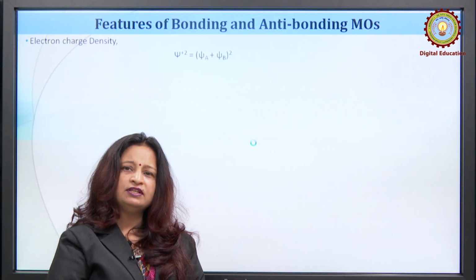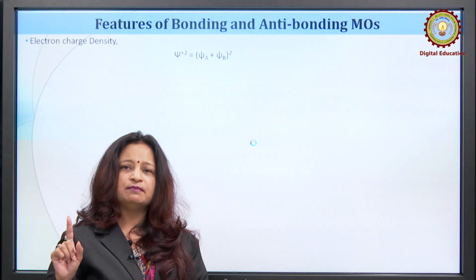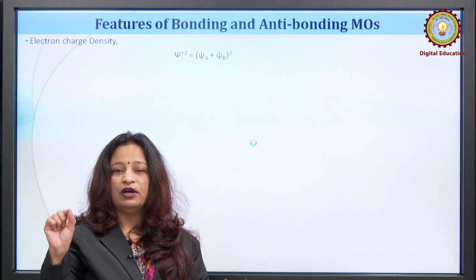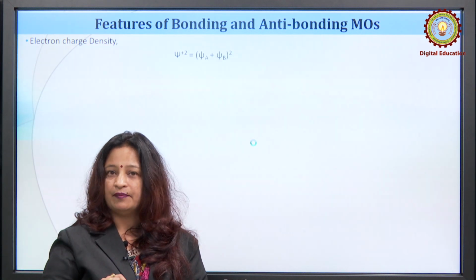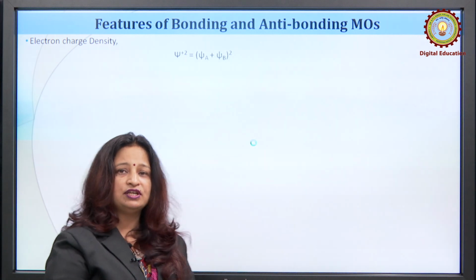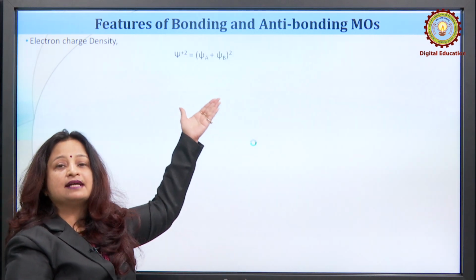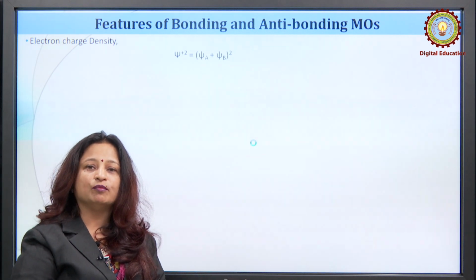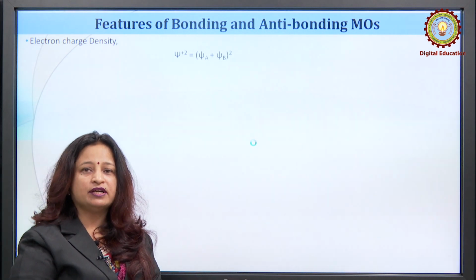Okay. So, electron charge density. In the assumptions part, we have already discussed that if the molecular orbital's wave function is psi, then psi square will represent the electron charge density. So, here you can see that this is psi plus square, which represents the electron charge density of the bonding molecular orbital. So, what would it be?